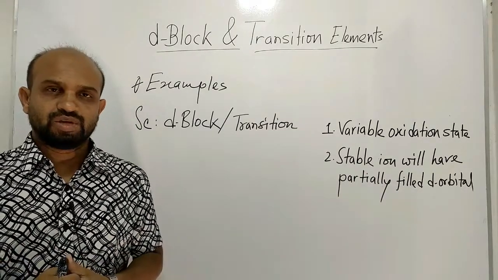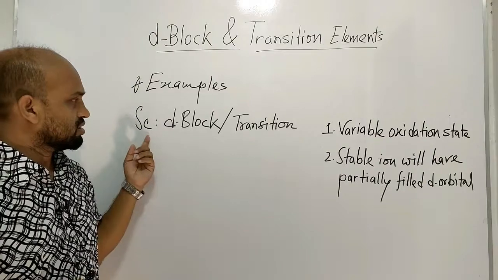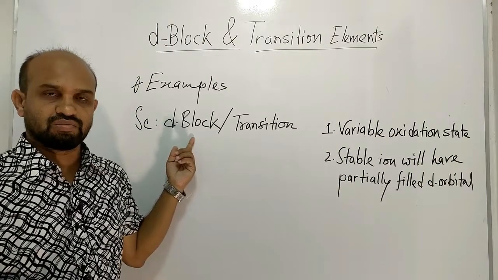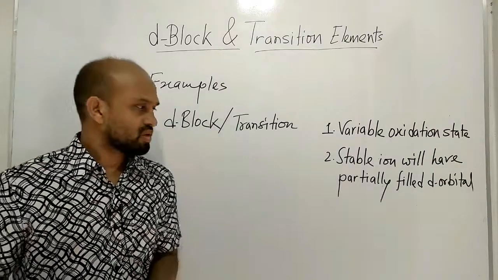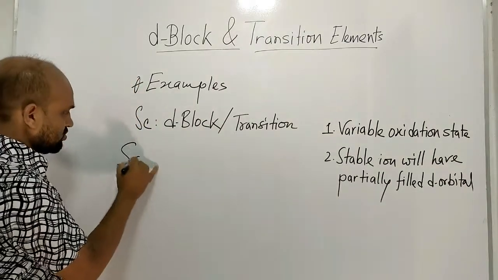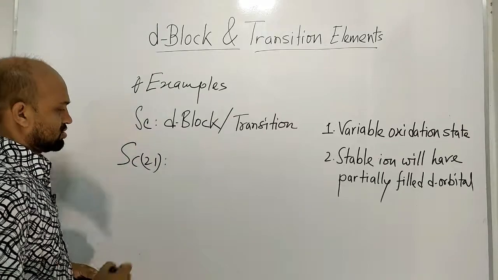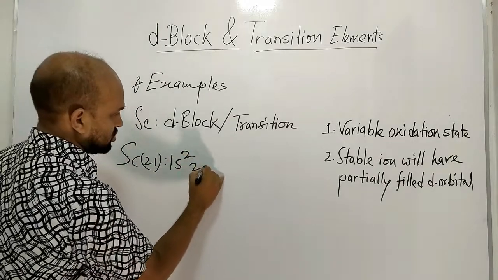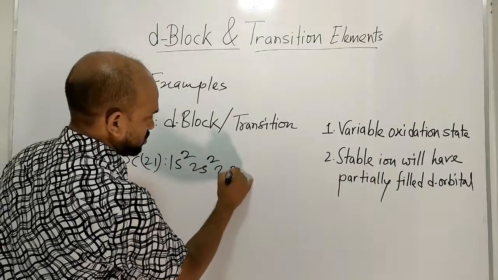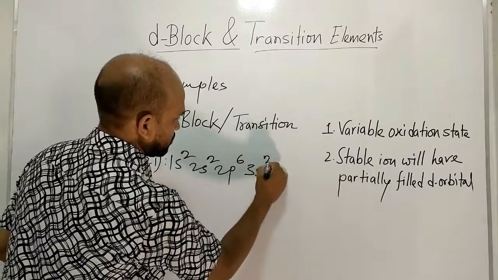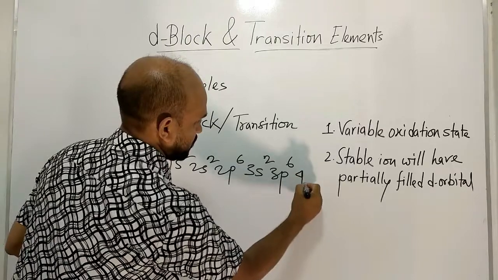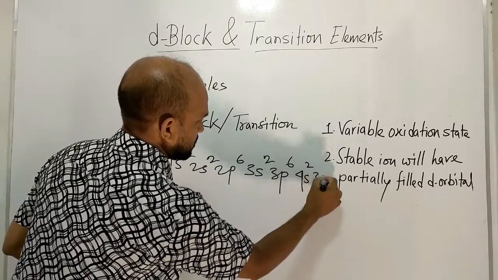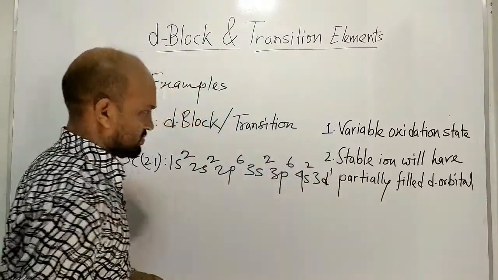Let's see the element scandium, D-block definitely, but we have to see whether it is transition. Scandium 21: 1s2, 2s2, 2p6, 3s2, 3p6, 4s2, 3d1.